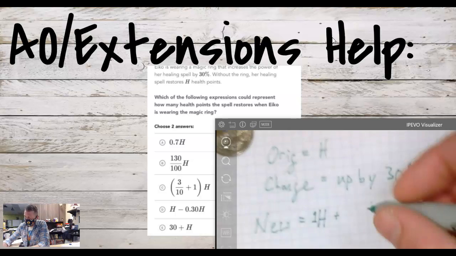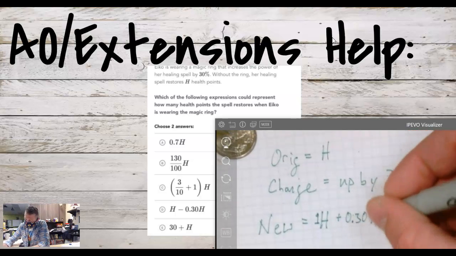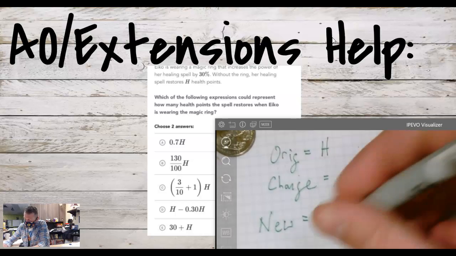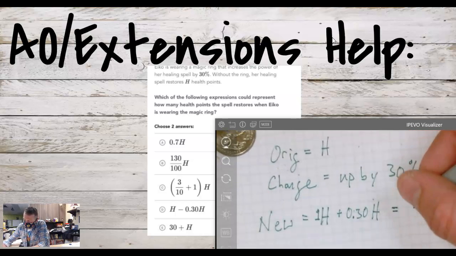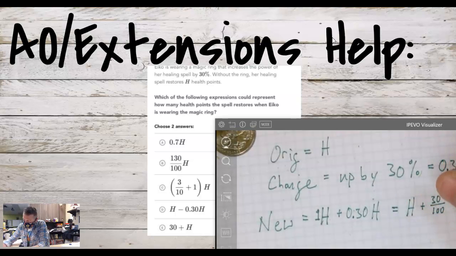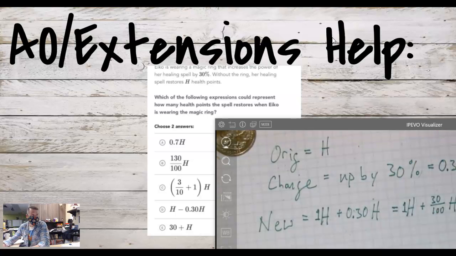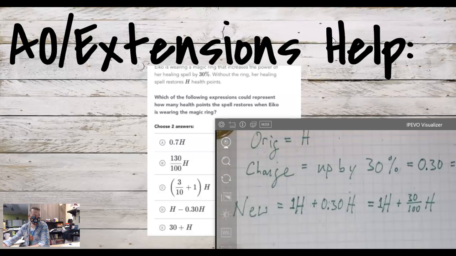So it's either going to be H plus 3/10 H, so remember 3/10 is 30%, or we could write it as H plus 30/100 H.